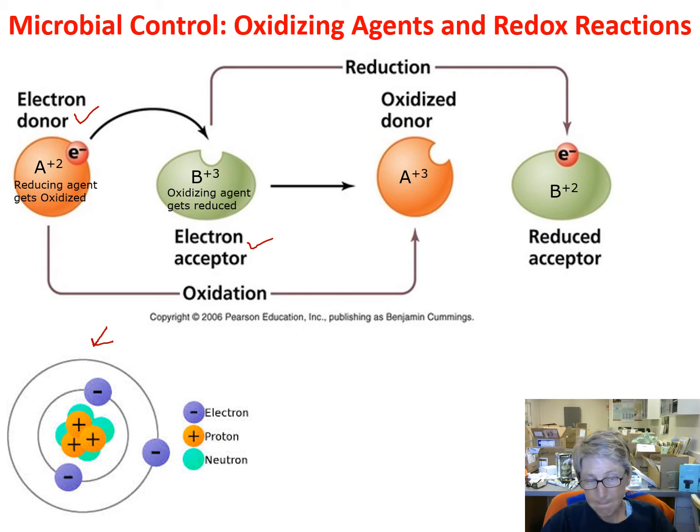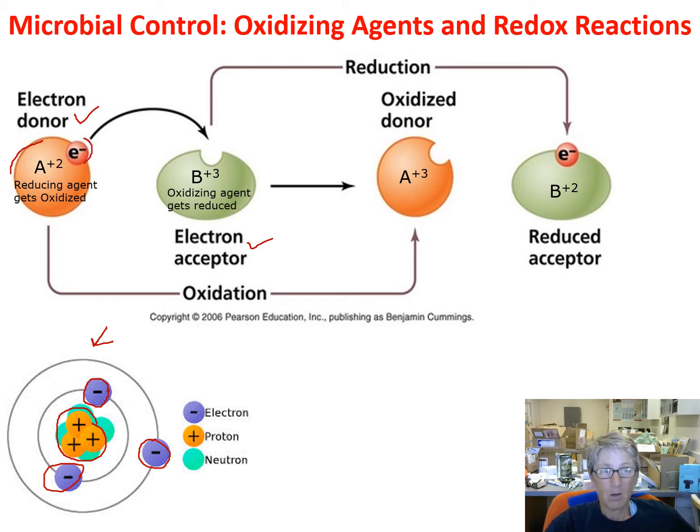This is an atom, and if you remember from 201 or whatever biology class you took to learn this, you've got the protons and the neutrons here in the nucleus, and then the electrons, which are negatively charged, circle around the nucleus in electron levels or shells. So here's an atom. We're going to call it A plus 2. That means this orange molecule has an overall plus 2 charge.